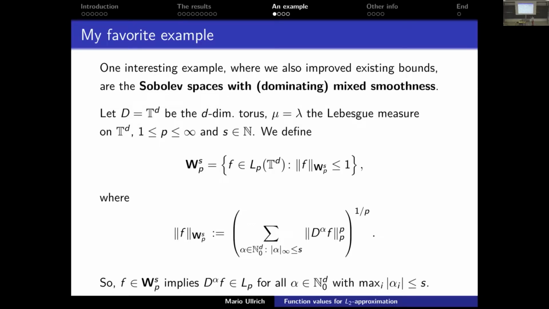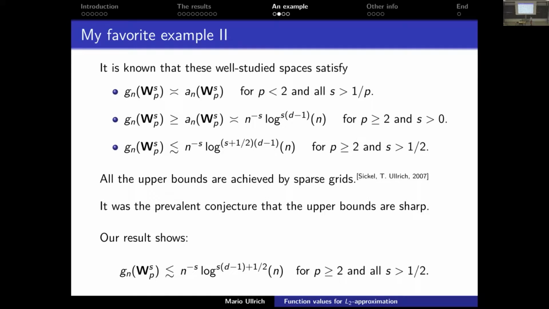And so what we take is all functions such that their mixed derivatives up to order s are in L^p. Okay, that's the norm. And what is well known here is that if p is smaller than 2, then everything was known for quite some time. So that you have precisely this order, and the optimal algorithms are sparse grids. It's Smolyak's algorithm, and that's known for many decades. Okay, for p smaller than 2, everything is fine.